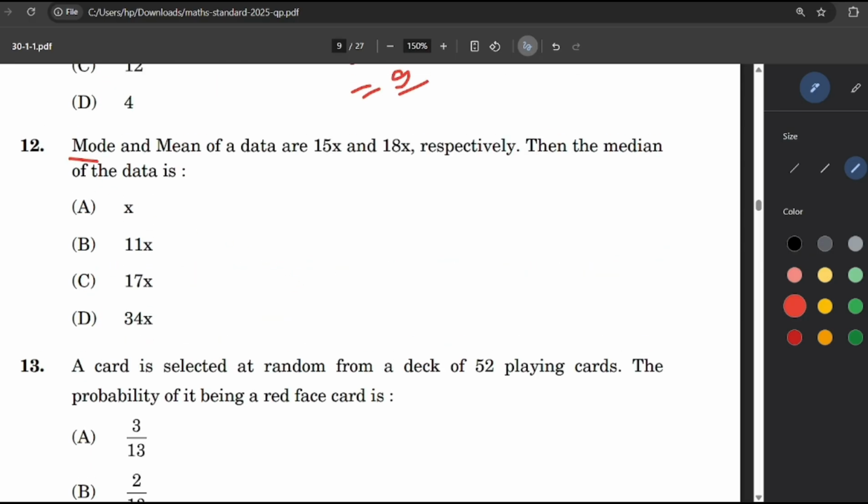Mode and mean of a data are 15x and 18x. Then the median of the data is? In this question we need a formula. Mode is equal to 3 median minus 2 mean.